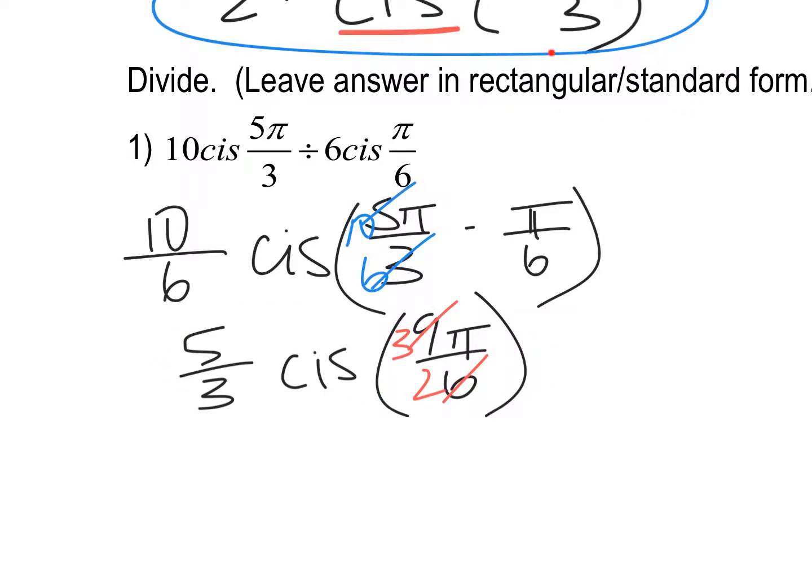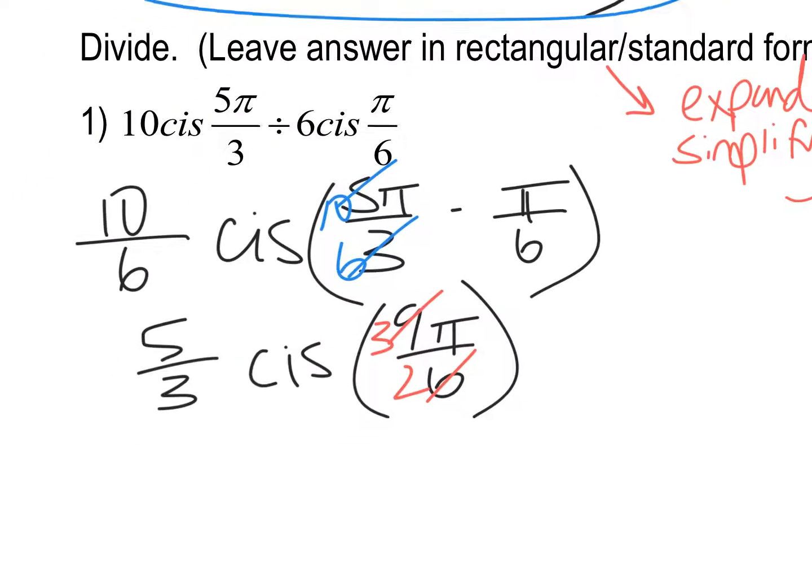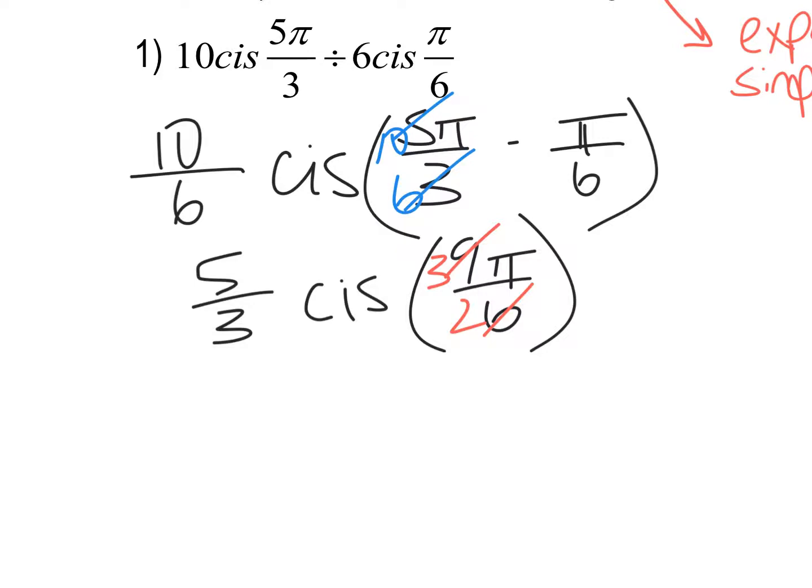This is how I would leave my answer if it said leave it in polar form, but this one's asking me to convert it to rectangular form. What that means is to turn it back into rectangular form, so expand it and then simplify. Remember, expanding uses the abbreviation for cis. So keep your 5/3 in front. That's going to be distributed at the very end of everything.